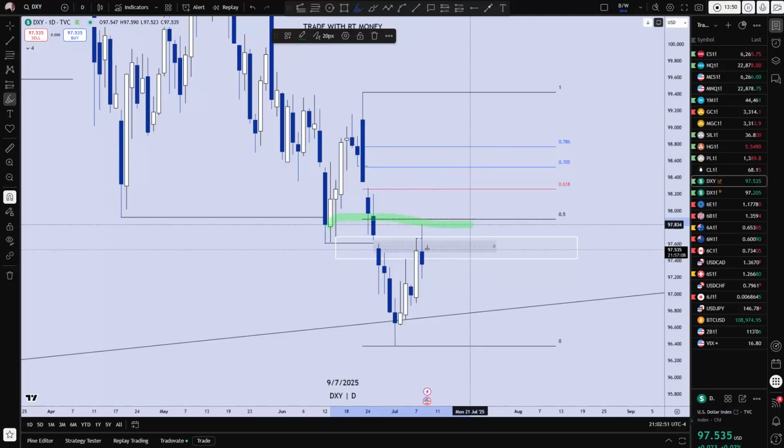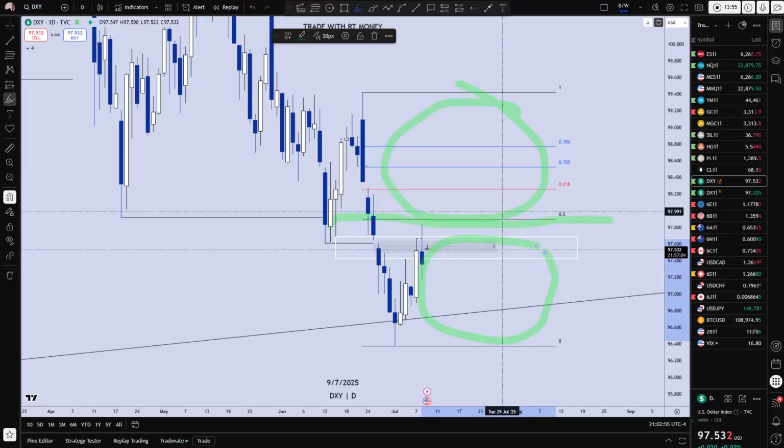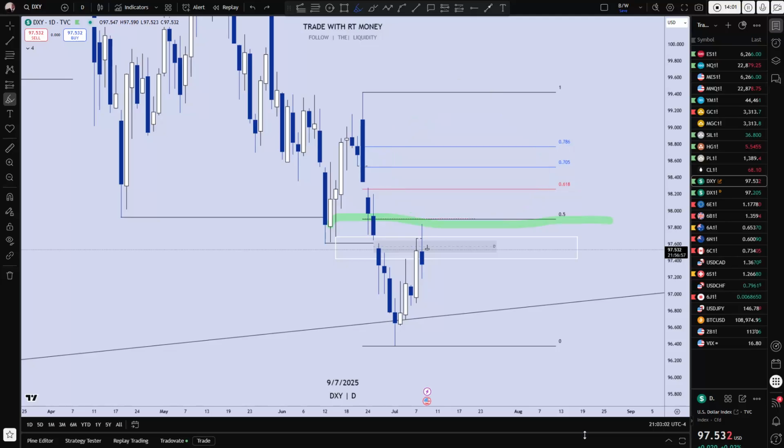Above the 50% line is premium prices and below is discount prices. You want to take your shorts from premium prices. You want to take your longs from discount prices. All right, that is one of the tools that ICT gave us.